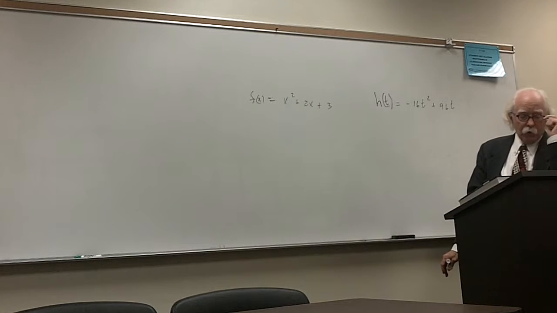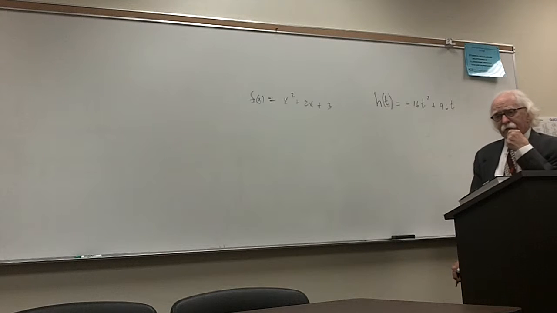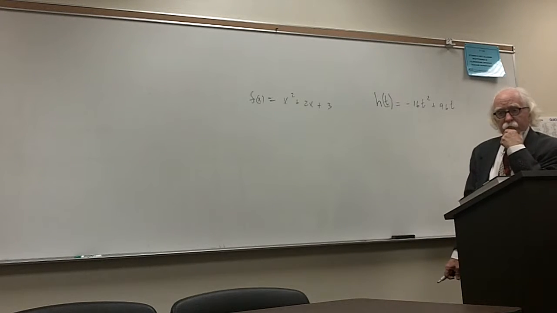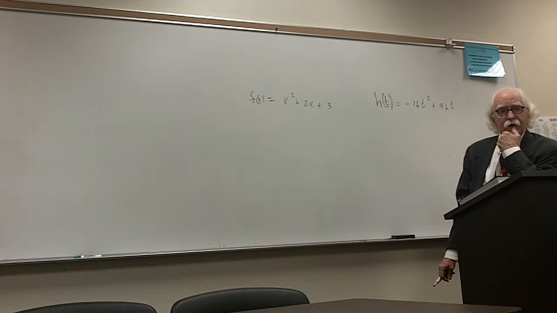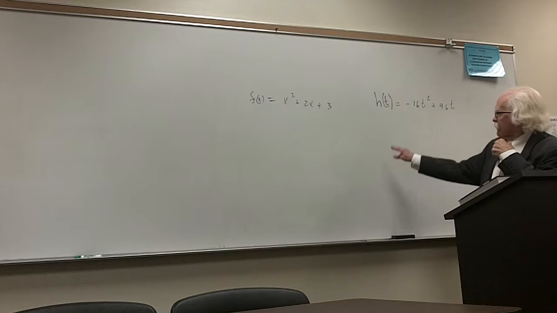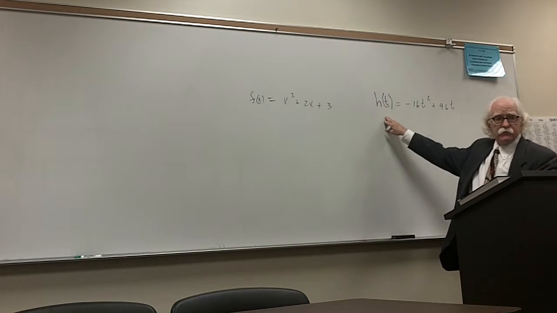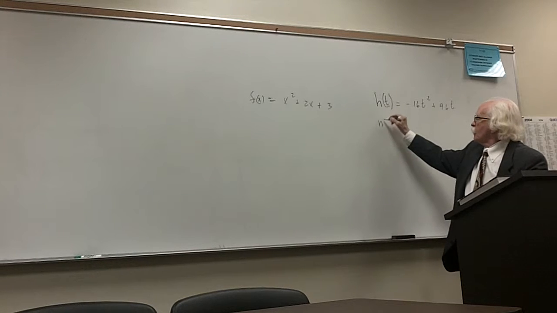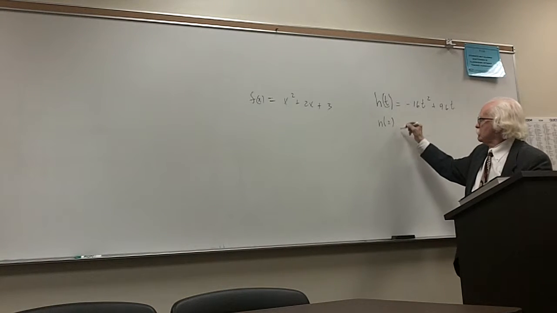But I want to make sure you understand what it means about having a function versus just an equation. And it's really a convenient way to do this. You could say, what is the height when t is 2?